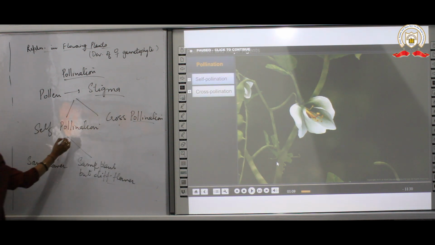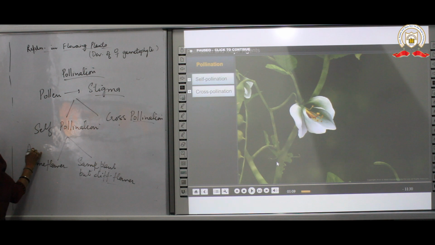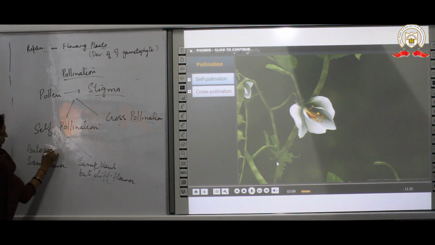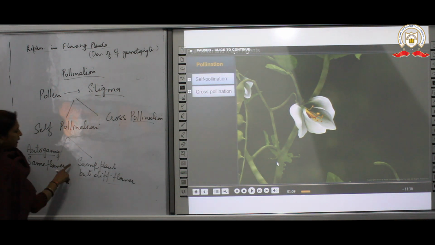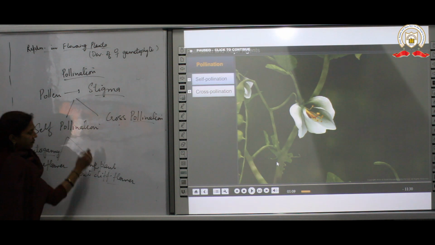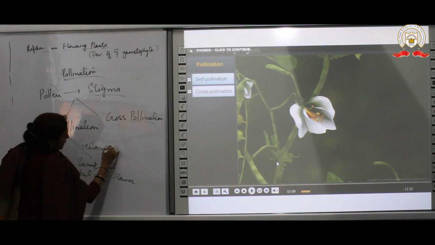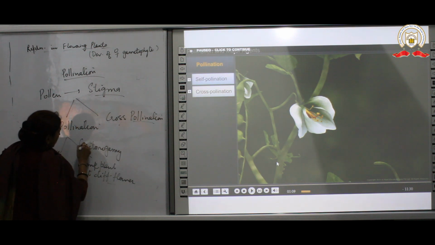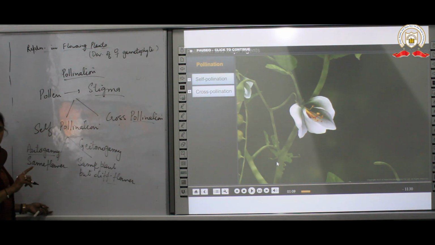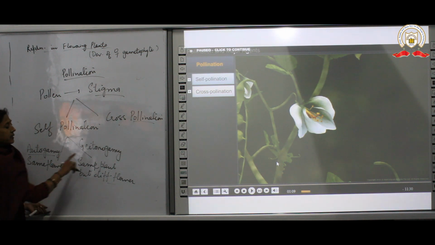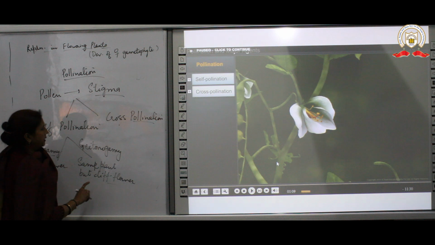So self-pollination we call autogamy: pollen and stigma of the same flower. Now, same plant but different flower, it is known as geitonogamy. It means the flowers are different, they may need a pollinating agent, but they are genetically similar.